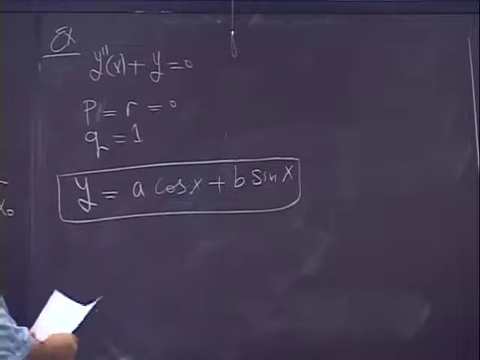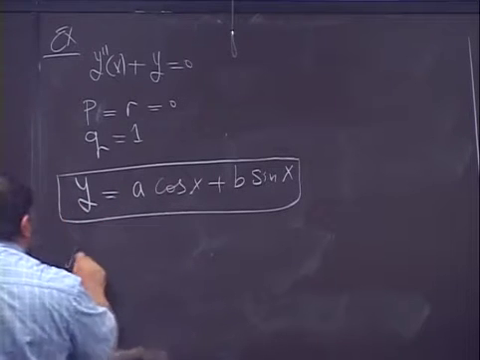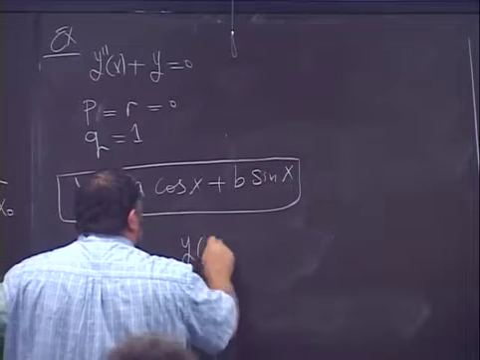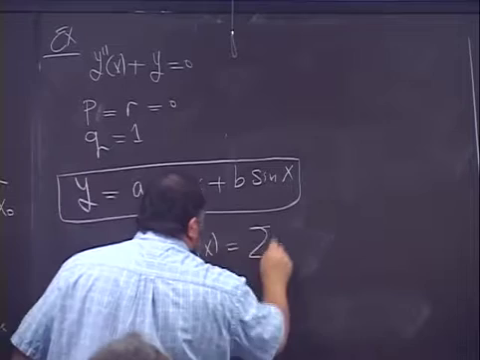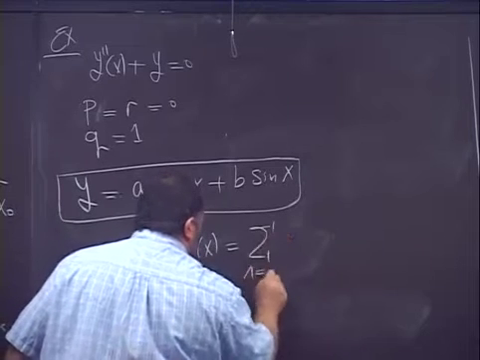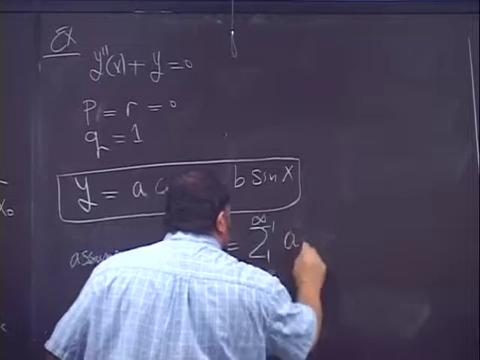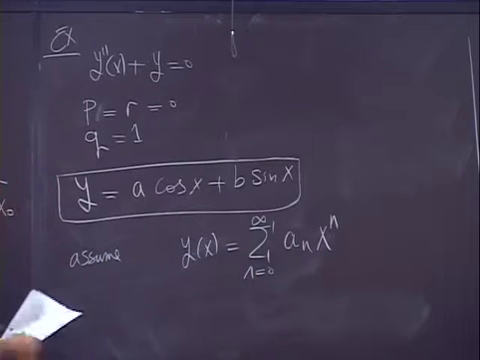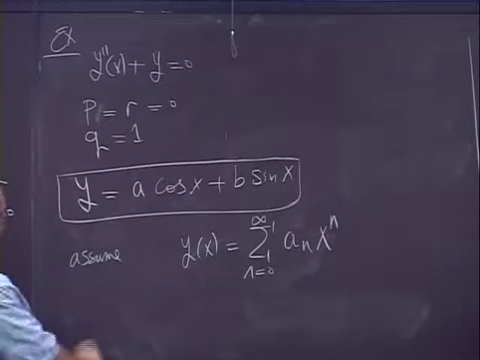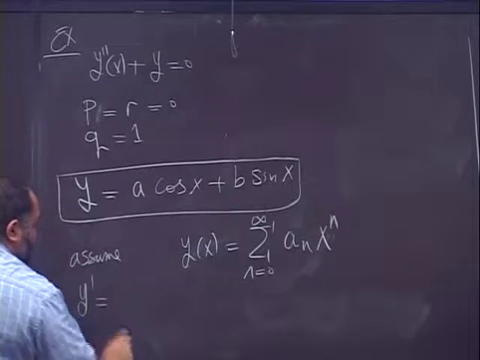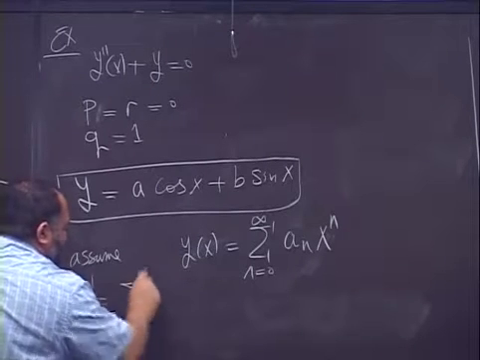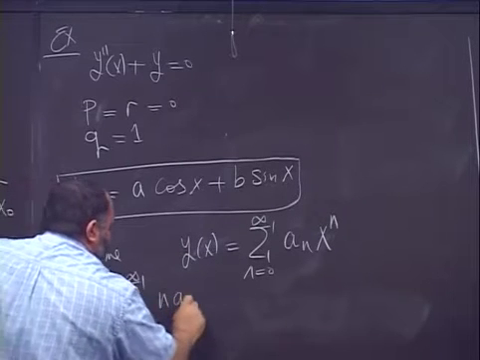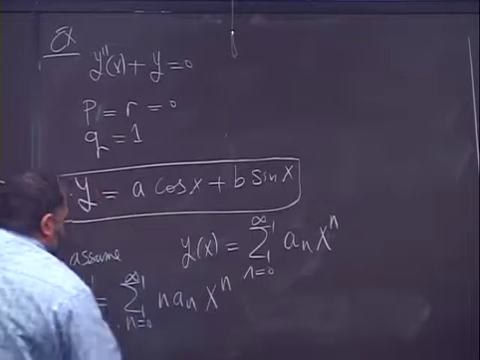differential equation. Now we will assume that our solution is just y of x equal to the summation from n equal to 0 to infinity of an x to the power of n. So we will do exactly the same as last time. What's y prime? The summation from n equals 0 to infinity of n an x to the power of n minus 1.